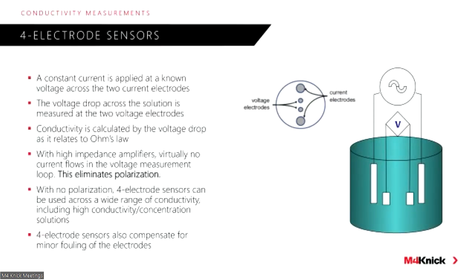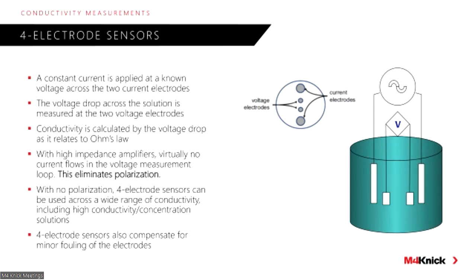Obviously, we're still utilizing Ohm's law, but the benefit here is that with high impedance amplifiers, there's no current flow in the voltage measurement loop that could lead to that polarization effect. So we eliminate polarization and we can go much larger on the measurement range here.